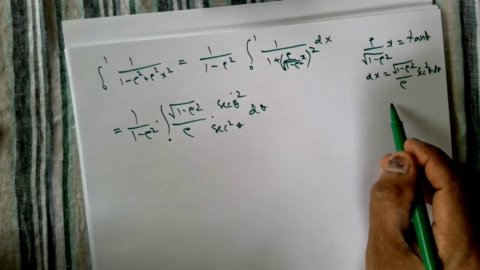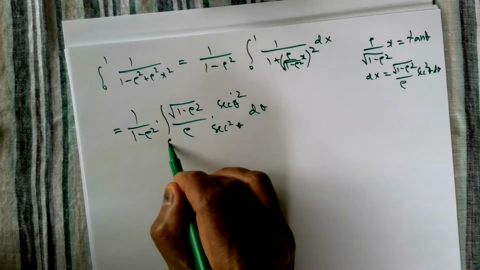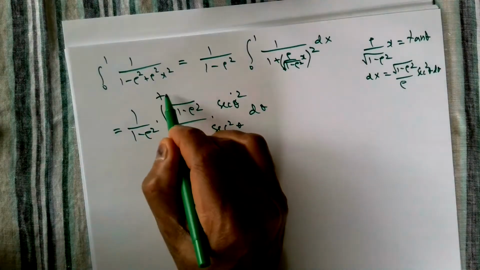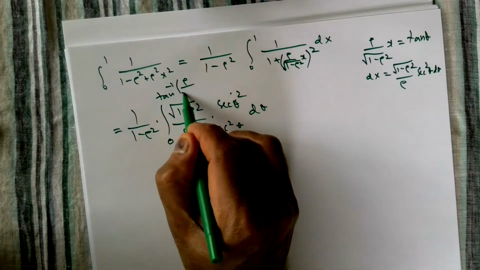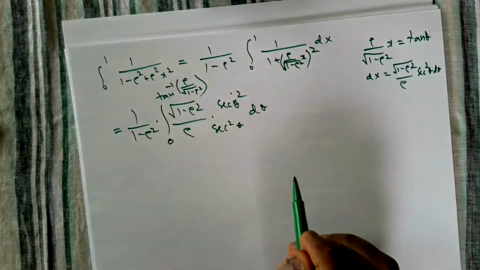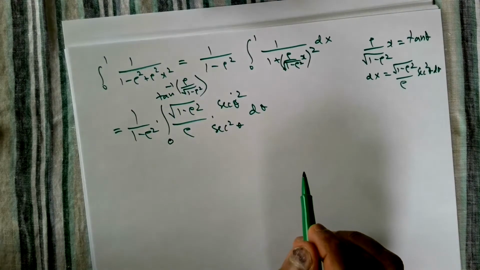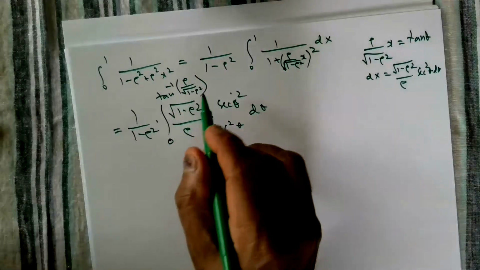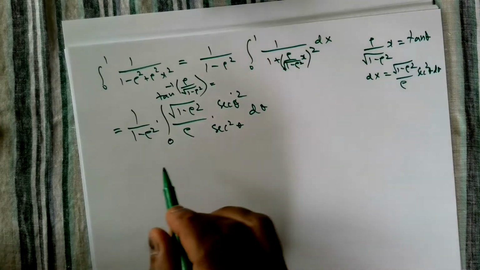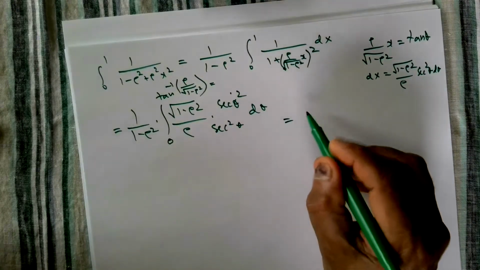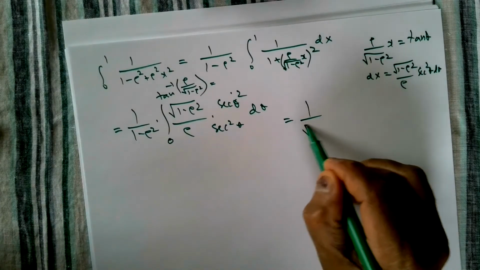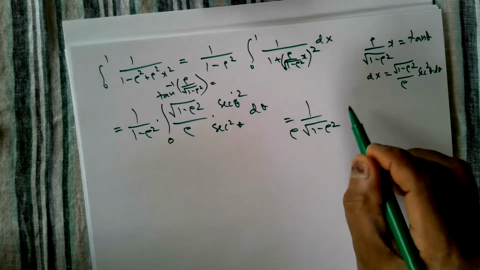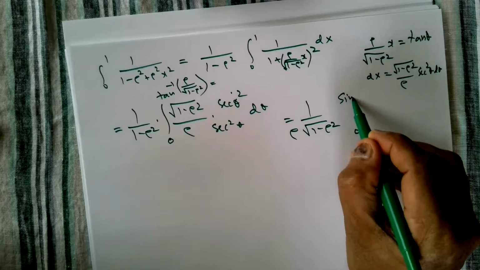All right, let's look at the limits now. When x is 0, tan theta is 0. When x is 1, the upper limit is tan inverse of rho over the square root of 1 minus rho squared. If you look at that, that's the same as sine inverse rho. So this will turn out to be 1 over the square root of 1 minus rho squared multiplied by rho, from 0 to sine inverse rho.